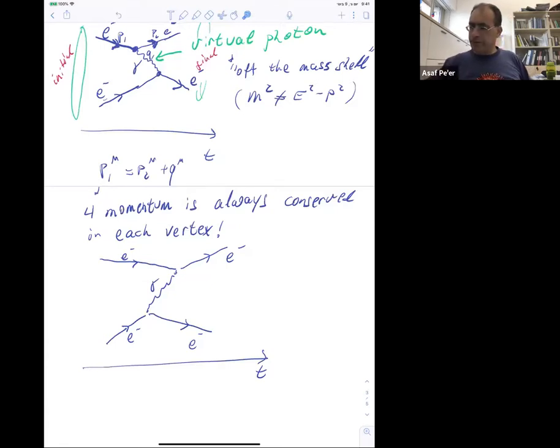Now we said that each of the three fundamental forces is described by an exchange of a spin 1 force-carrying gauge boson, right?